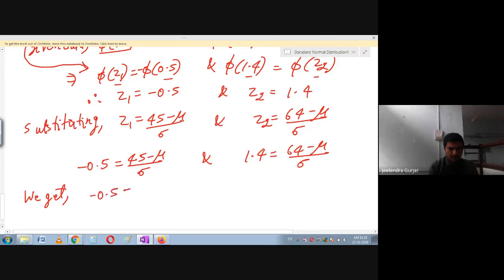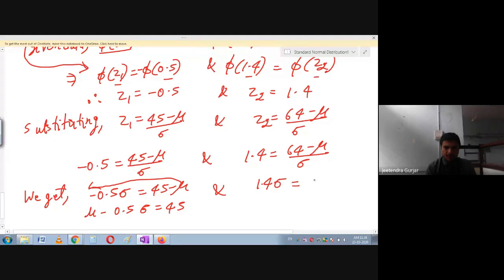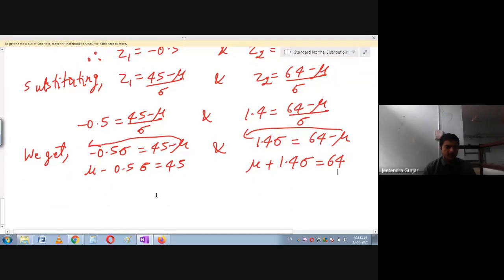So 0.5 sigma is equal to 45 minus mu, and I will bring all the variables to this side, so minus will become plus. This is mu minus 0.5 sigma equal to 45. Similarly, I multiply sigma by 1.4, which is equal to 64 minus mu. I bring mu to this side, so I get mu plus 1.4 sigma equal to 64. Remember, you are going to find mu and sigma, so I have calculated two equations.